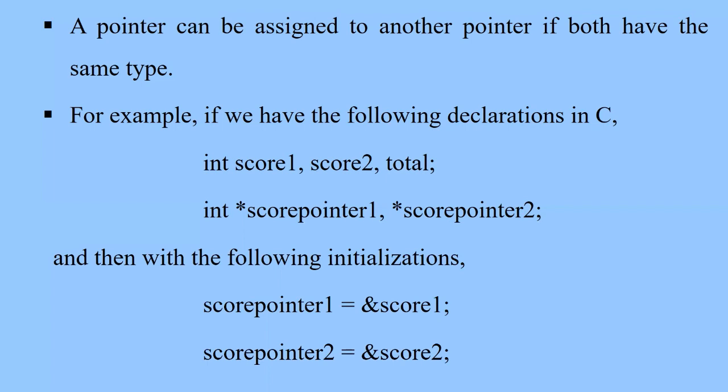And then we pick the memory address of the variable score2, and we assign it to score pointer 2. In other words, we initialize score pointer 2 with the memory address of the variable score2, making it point to the memory location for score2.